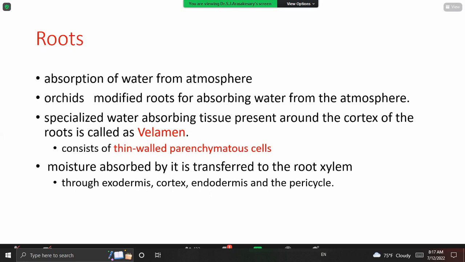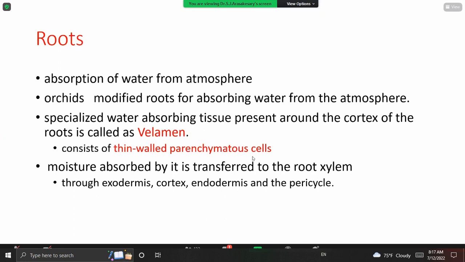So now we will see the root. Sometimes atmospheric roots also take water. Generally, the underground parts, the root zone, is taken. But in orchids and air-living plants, they have a special root structure, the velamen. This velamen has thin-walled parenchymatous cells.